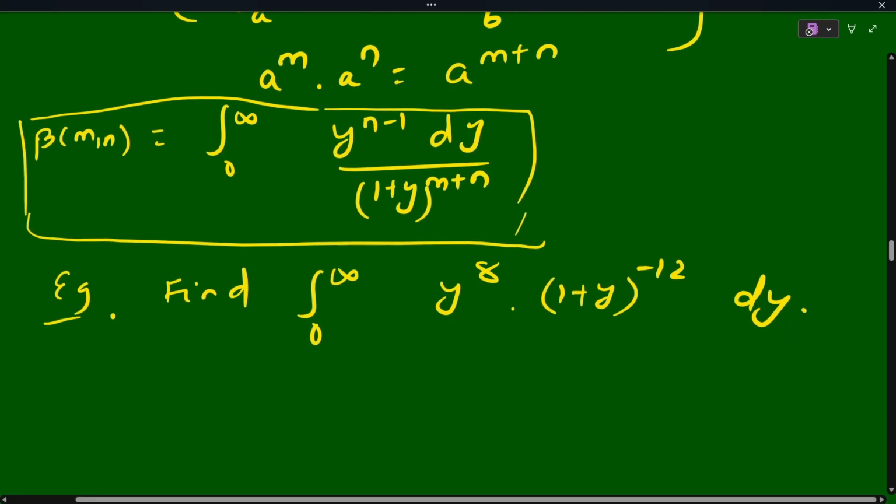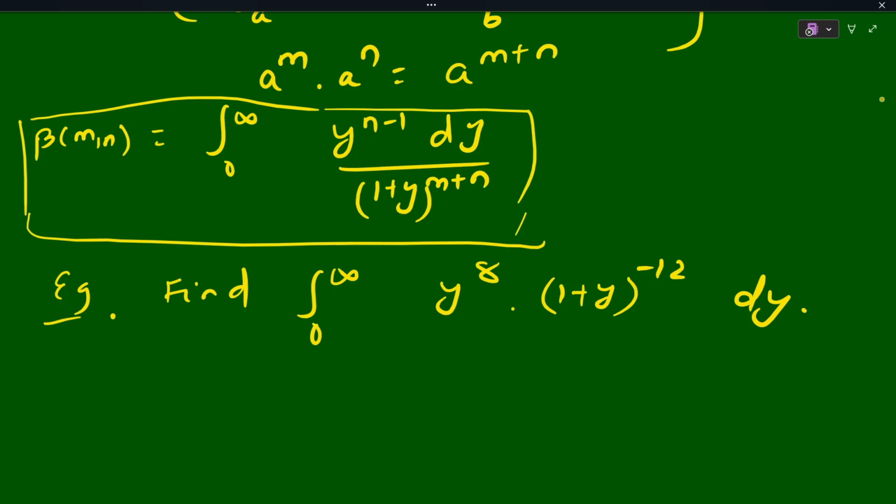Instead it is a beta function integration, but you don't know how this 1 plus y goes to the upside. So if you remember this formula, then from here I can take this 1 plus y to the power m plus n to the upside, so it would be 1 plus y to the power minus m plus n, right?